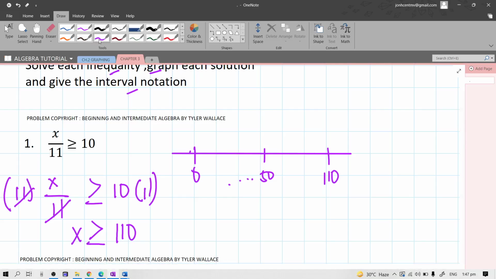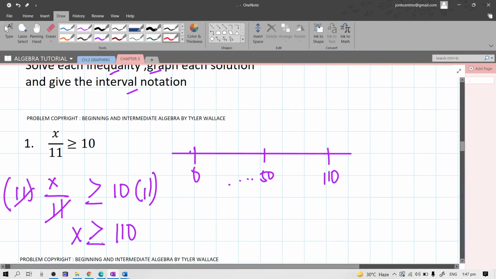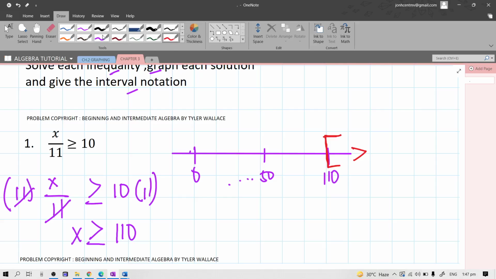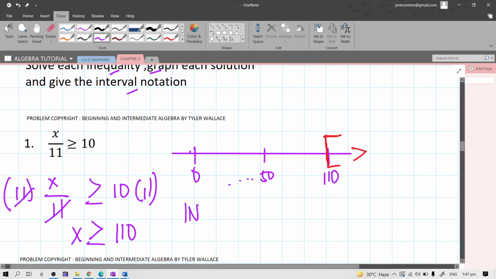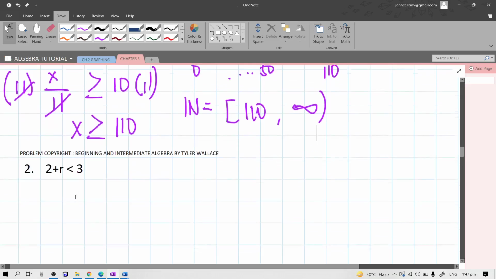Obviously, bracket yung gagamitin natin dahil ito ang kanyang symbol ng inequality, and papunta siya dito kasi mas malaki daw kay 110. Therefore, our interval notation here is 110, positive infinity. So, yan yung tatlo nating sagot.